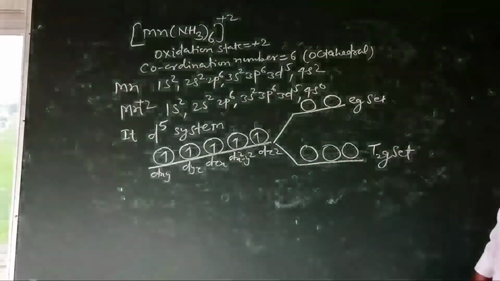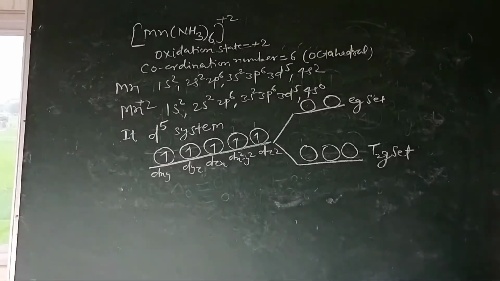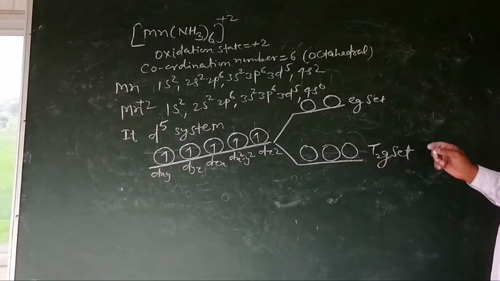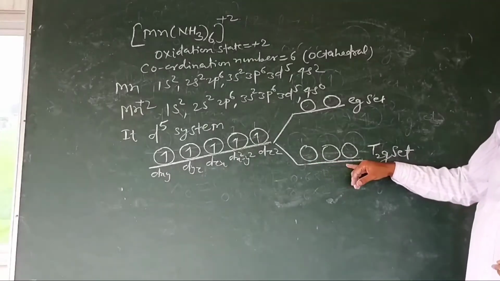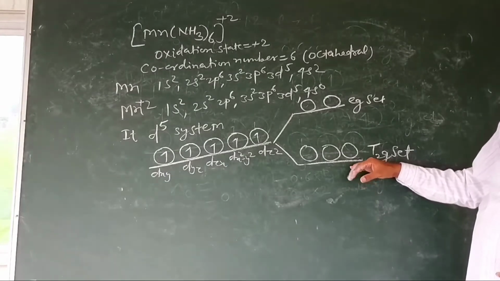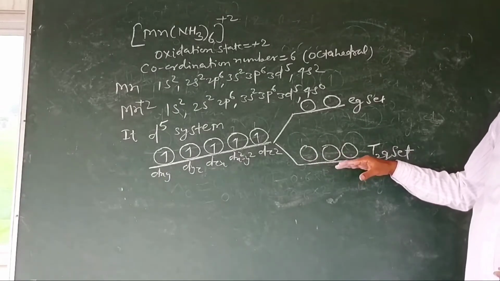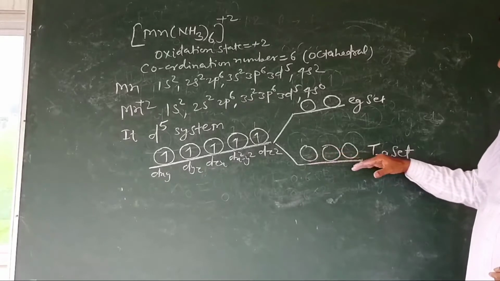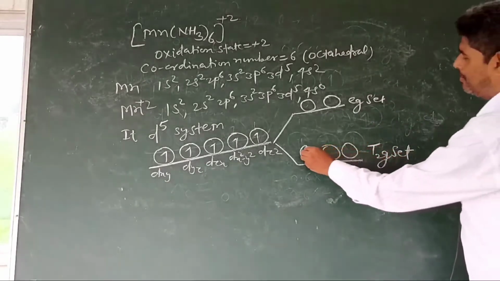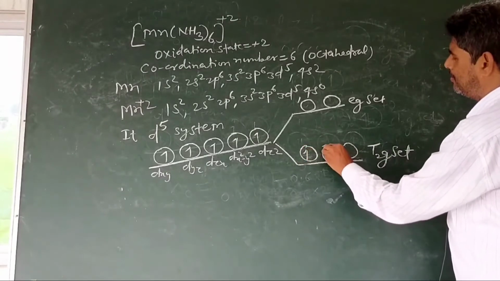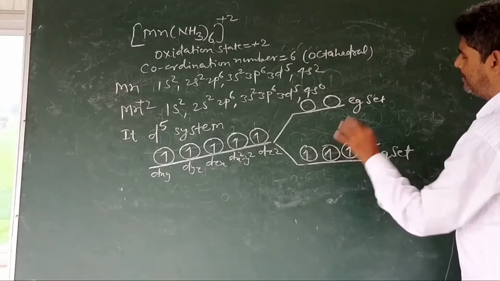First of all, electrons will enter the low energy level. The low energy level has 3 degenerate orbitals, so electrons will enter singly with parallel spin according to Hund's rule. So 1, 2, 3.